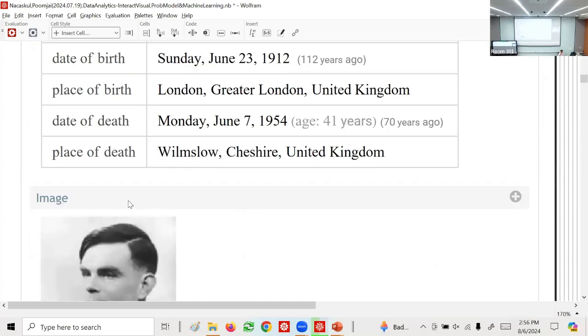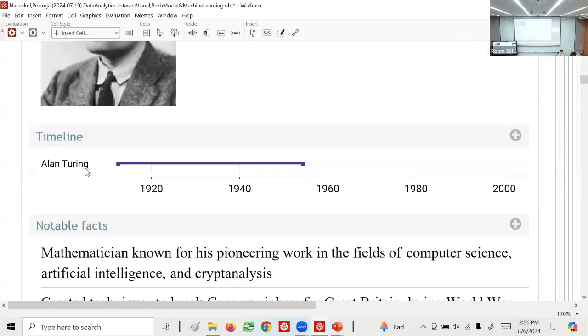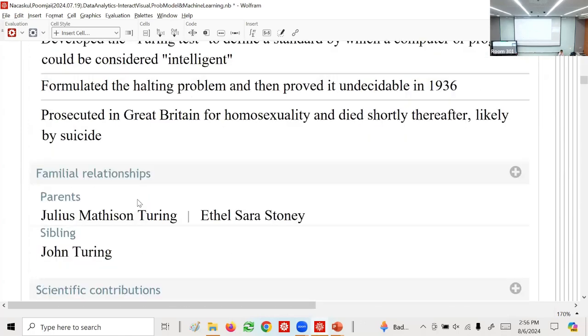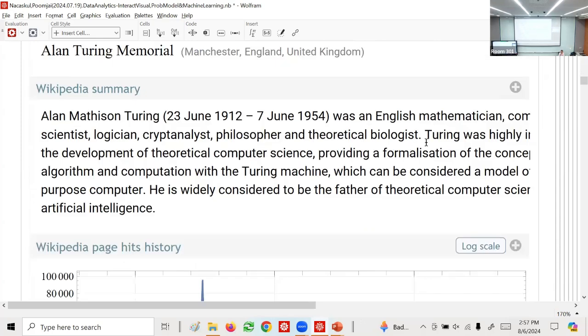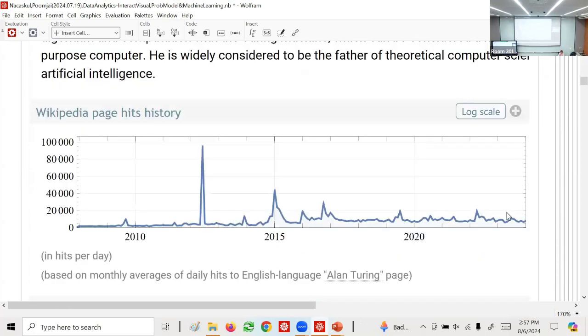Mathematician, born, place of death, image, timeline. Okay? And this is even better in a way. A lot of times this is more precise and to the point than a Wikipedia page. But yeah, it recognizes the Wikipedia page. You can bet that this is the time the movie Imitation Game came out, because people search him around that time.